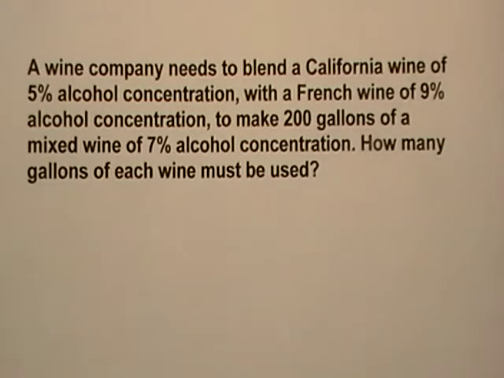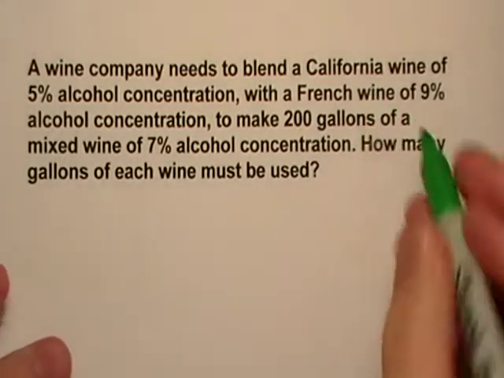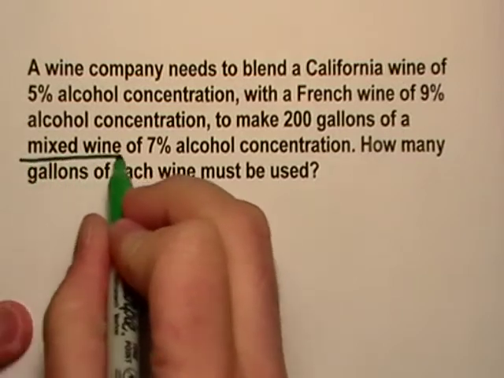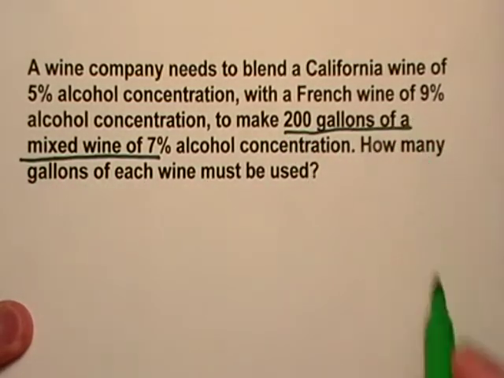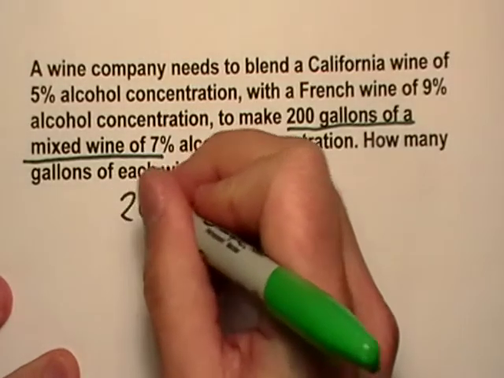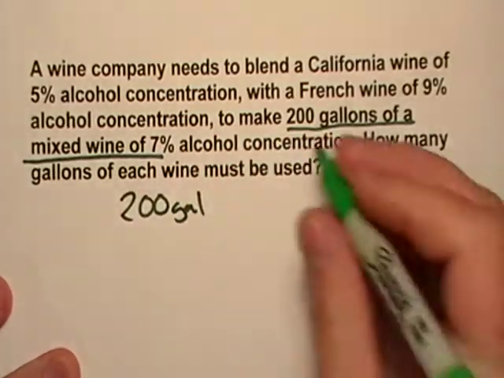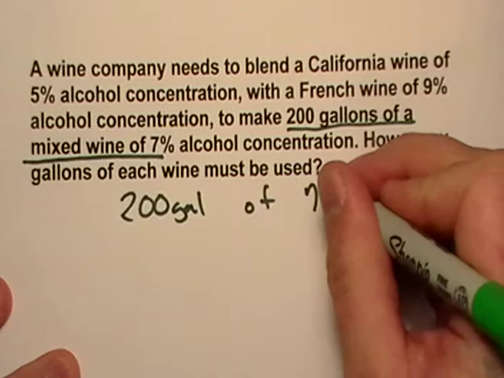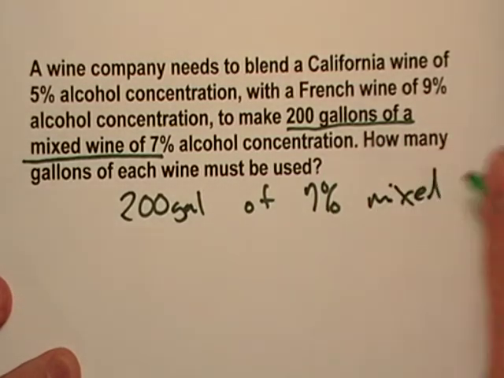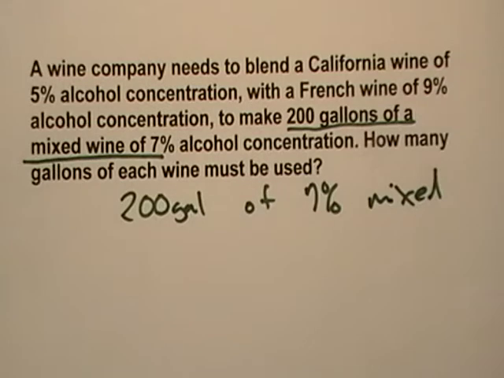Okay. So the first thing I'm going to look at, here's our final requirement right here. I'm just going to write it out here: 200 gallons of 7% alcohol mixed. Okay? That's what I need.